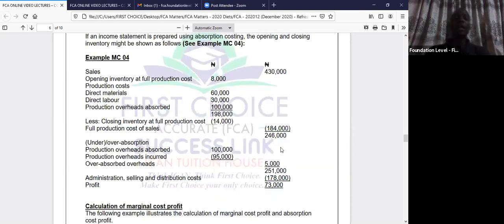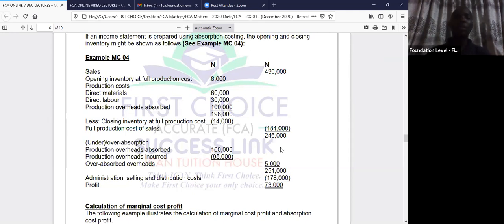Look at example MC04. MC04 is the alternative method, which is the absorption costing method. Mind you, this topic here is marginal costing versus absorption costing. Now we've seen the marginal costing profit statement style.